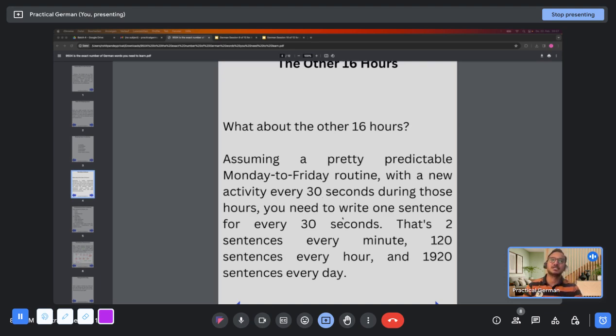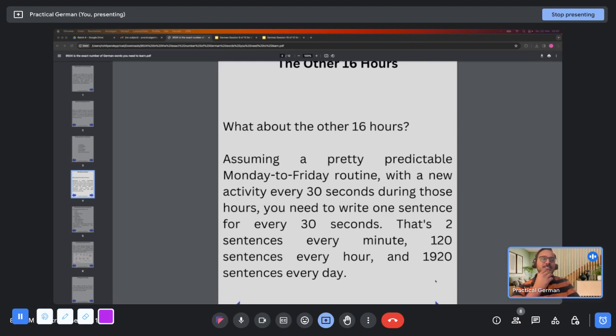That means 2 sentences every minute, 120 sentences every hour, 2 times 60, and then 1920 sentences every day, because 120 times 16 is 1920.